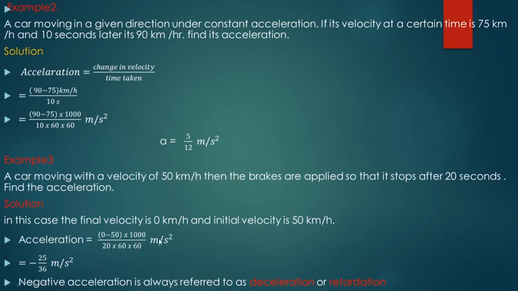So we will have our final answer as negative 25 all over 36 meters per second because it was decelerating, it stopped, it reduced the speed, the velocity. So the negative acceleration is always referred to as deceleration or retardation.